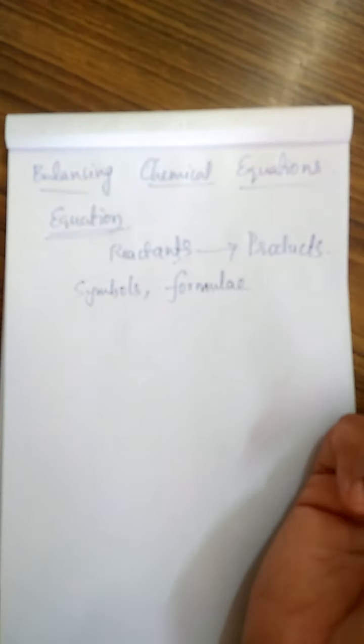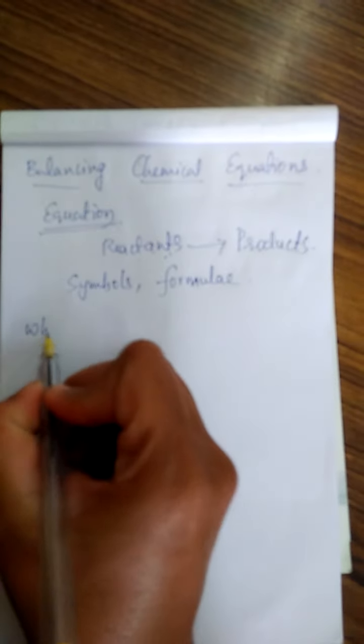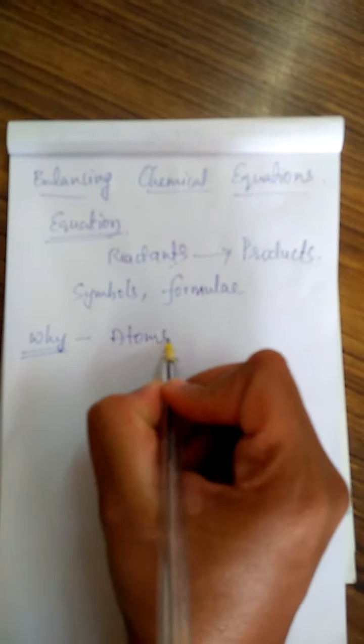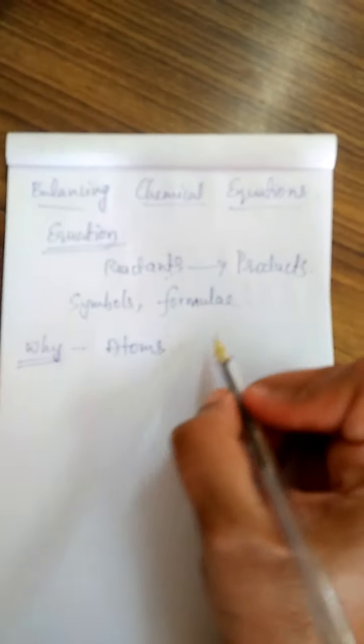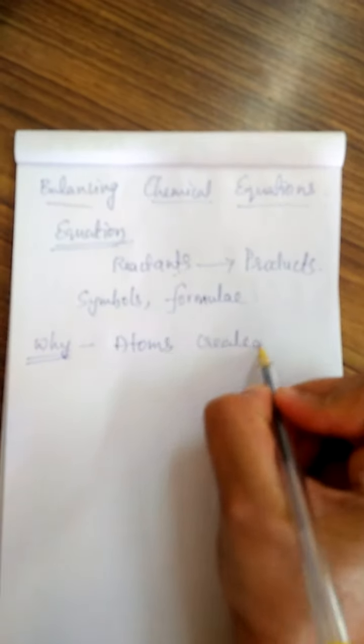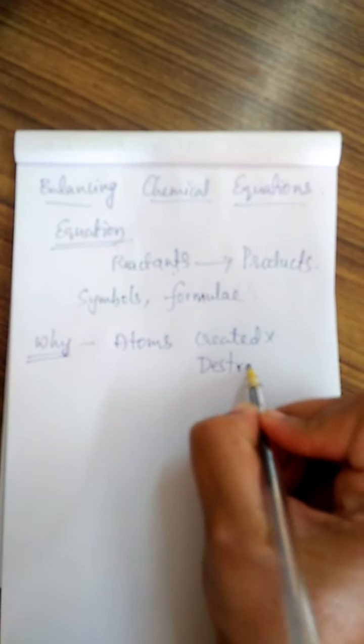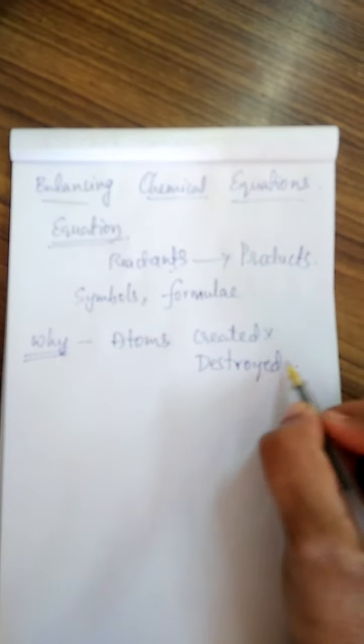In this chemical equation, the reactants and products have to be balanced. First of all, let us answer this question: why do we have to balance? Because the atoms participating in the reactions are neither created nor destroyed.